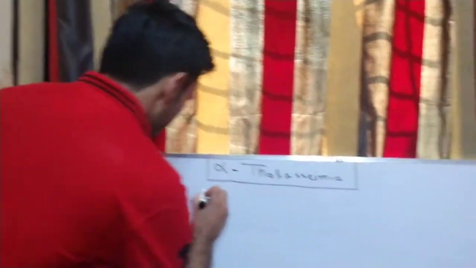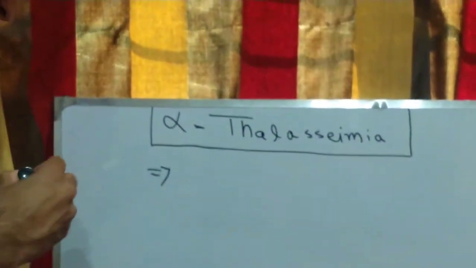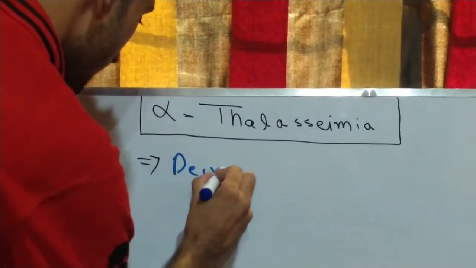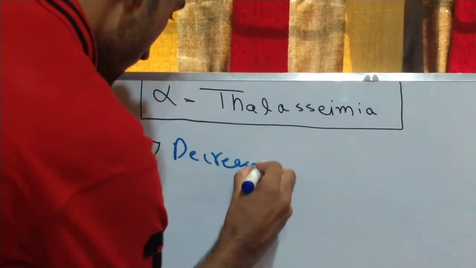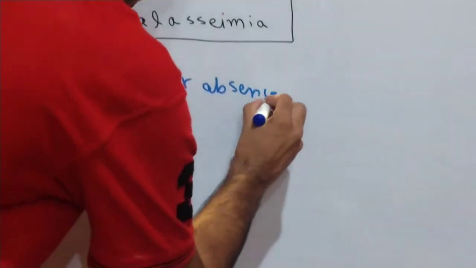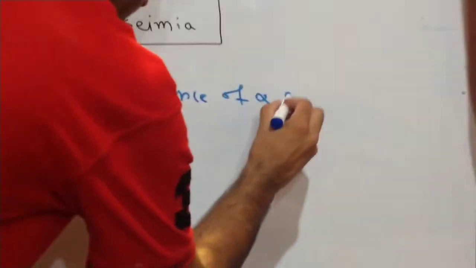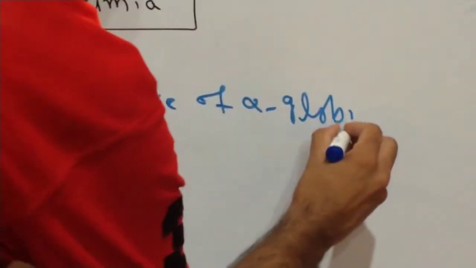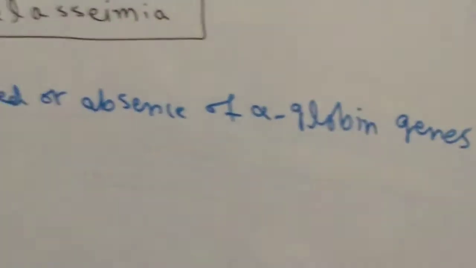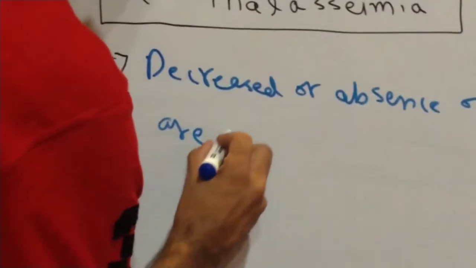So, in the alpha thalassemia disease, decreased or absence of alpha globin genes are observed.